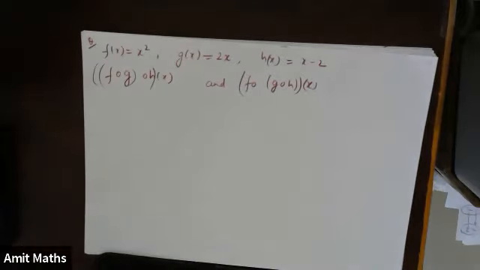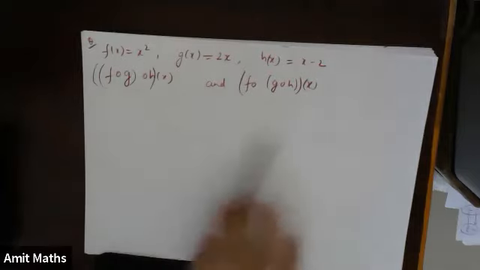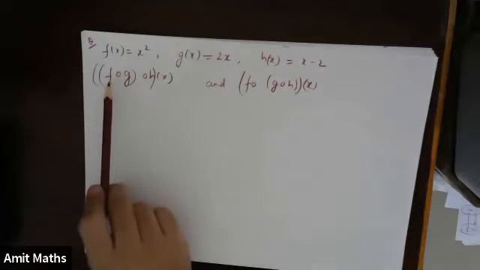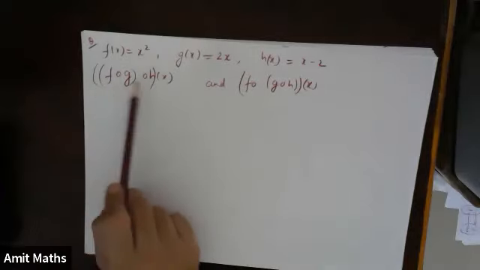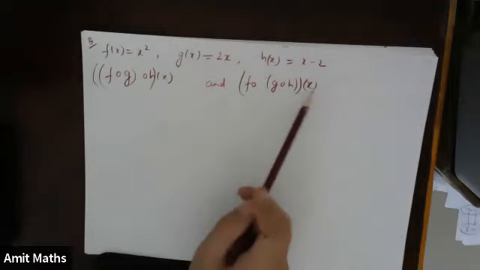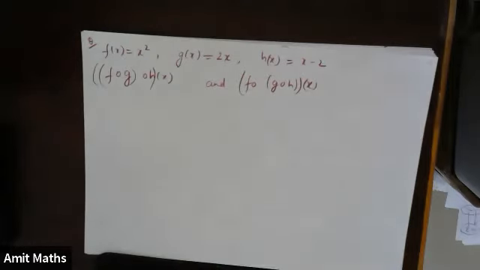According to our understanding, these two should be the same, because we have seen that f o g of h and f of g of h are equal. So these two should also give us the same values. Just check and find out whether these two give you the same values or not.